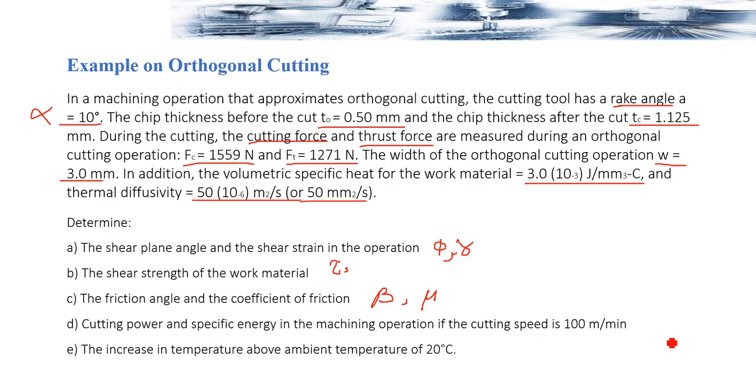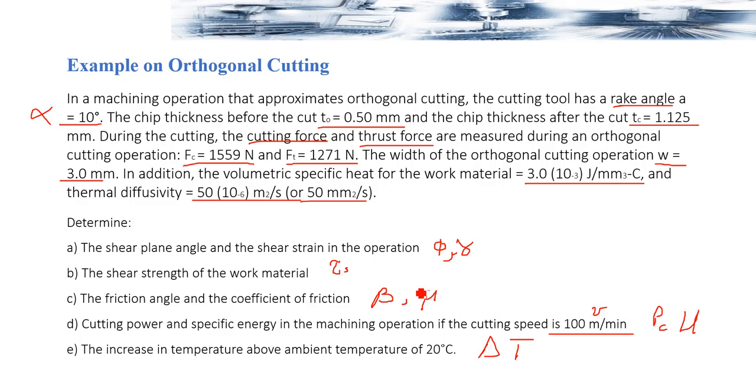Then the cutting power and specific energy, if the cutting speed is going to be 100 meters per minute, so that's the V. We need to find the value for the cutting power and the specific energy U, and then the delta T.